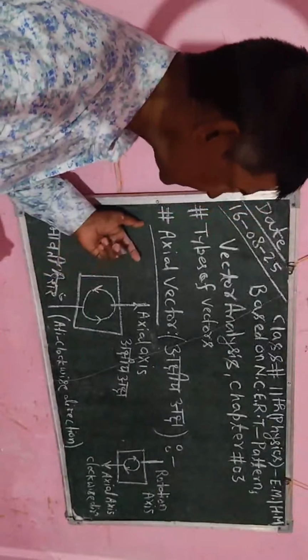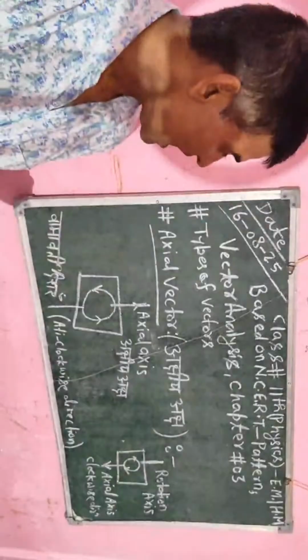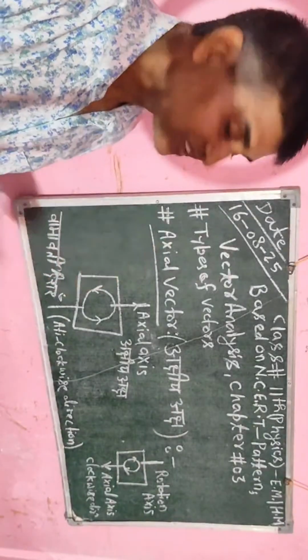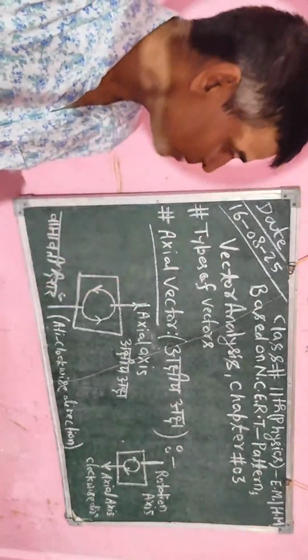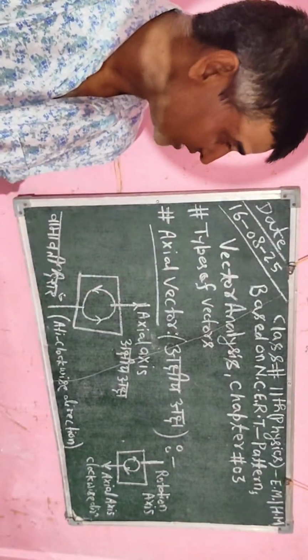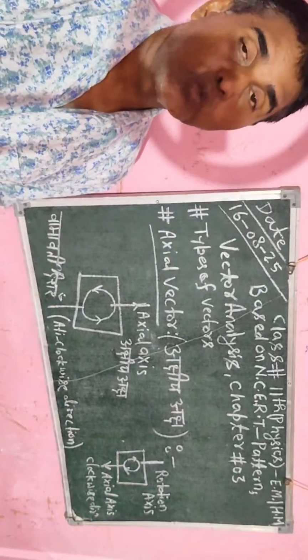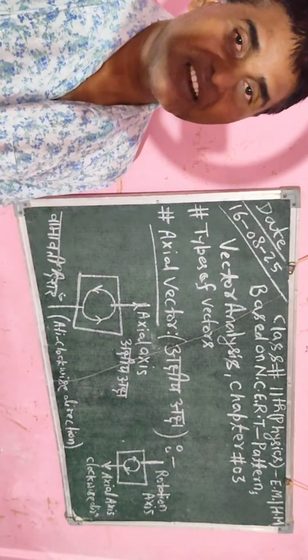Okay, this is the required concept, and we have to know it clearly to explain all the information regarding the axial axis. Now all the information I will also explain in Hindi, so every student who is reading in Hindi medium, that is in UP board, can also understand the concept of axial vector.